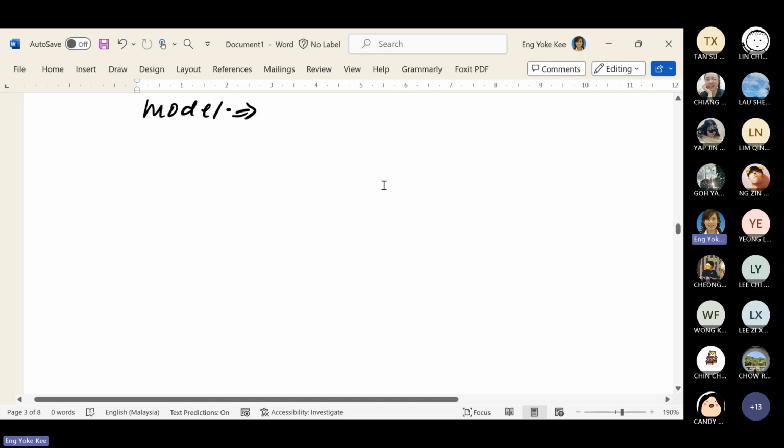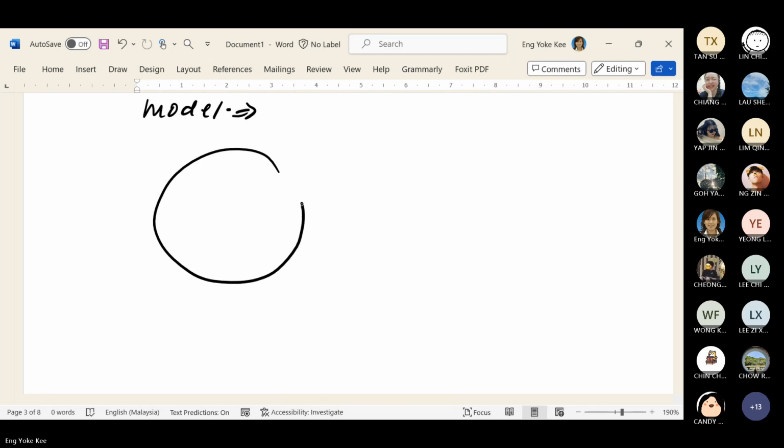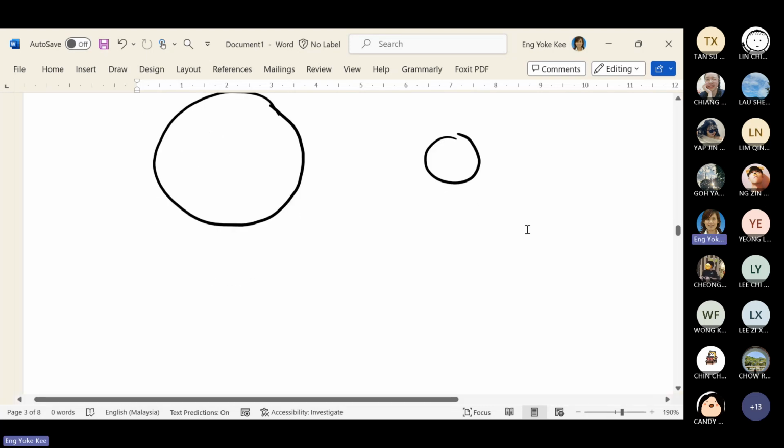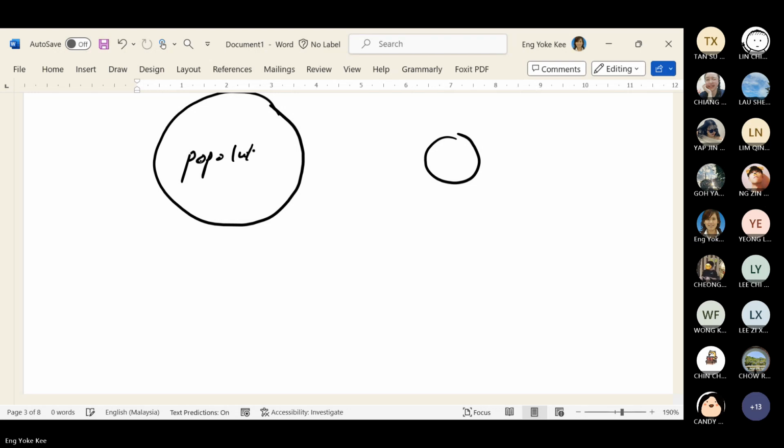This goes back to your basic statistics, QT2. One big, one small. What's this? This is what we call population, right? Population is what?